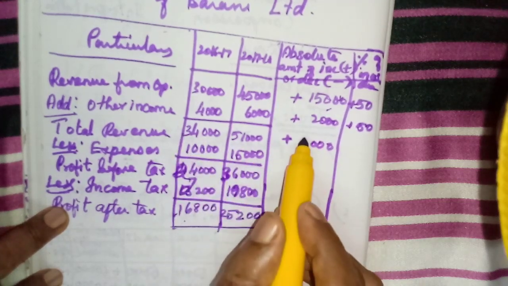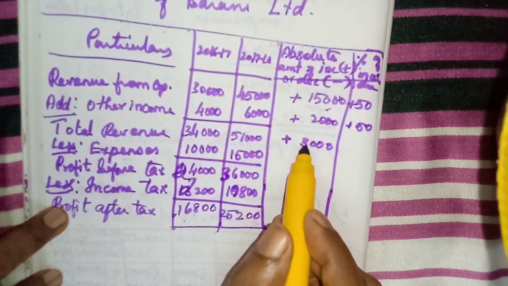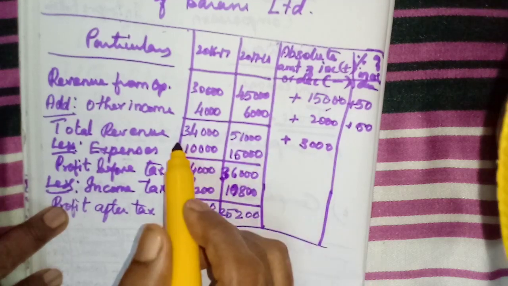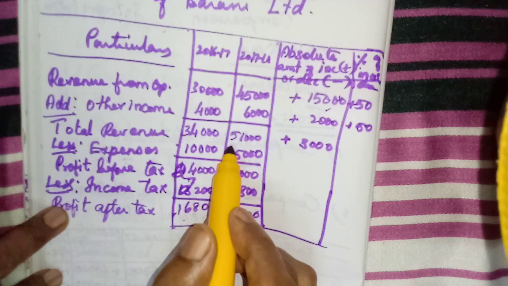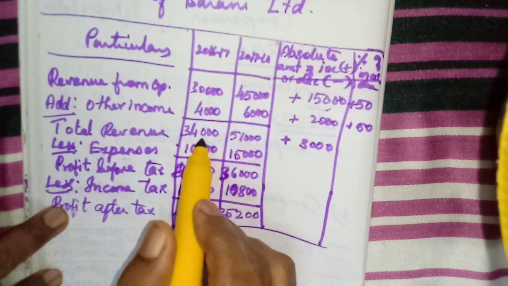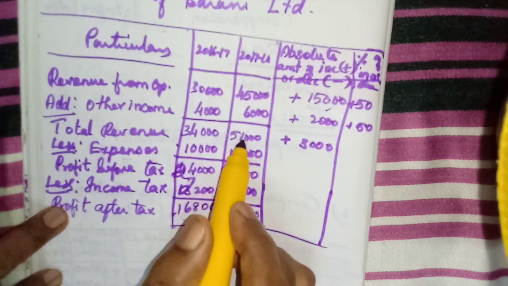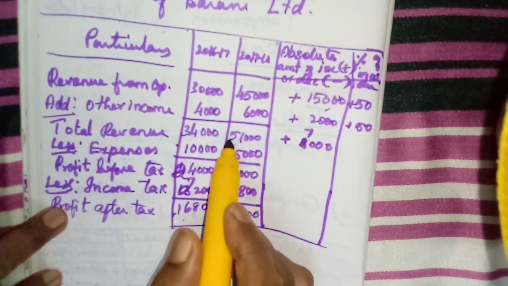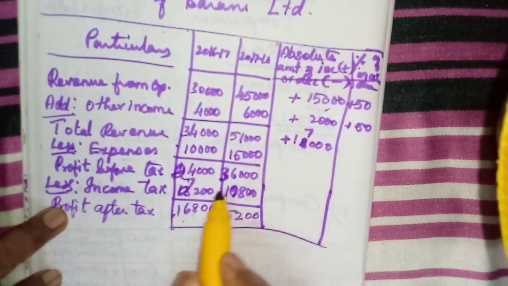4 minus 1, 3. Increase only, no? Okay. Here from this one only we need to deduct, isn't it? 11 minus 4, 7. 4 minus 3, 1.